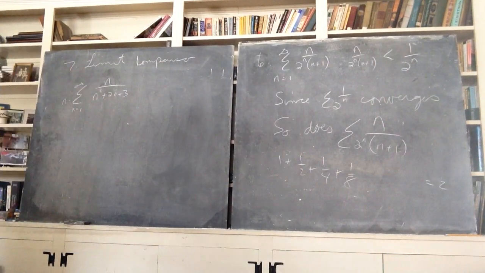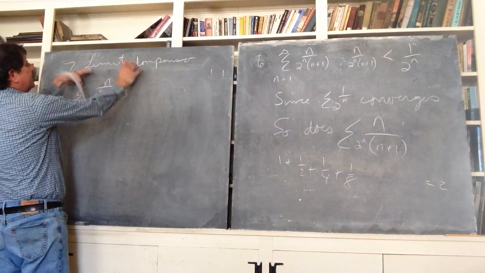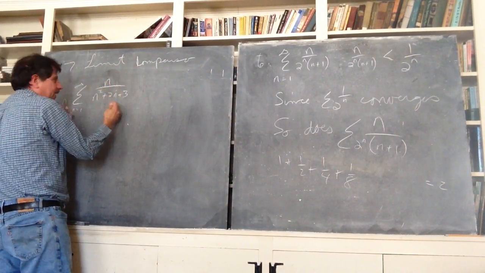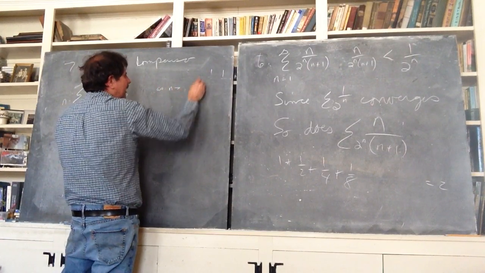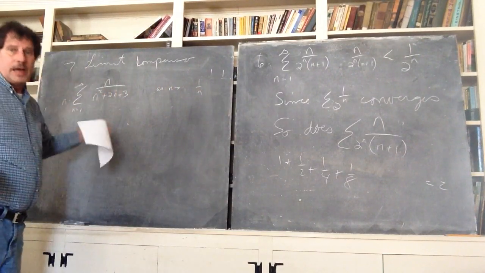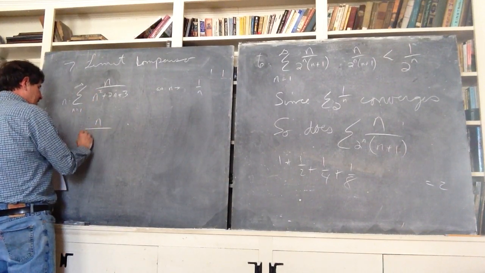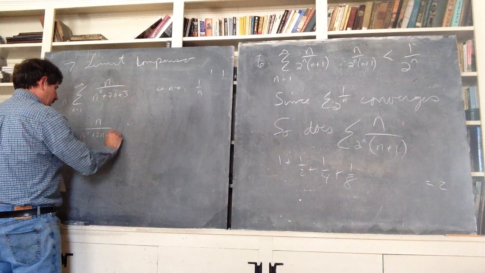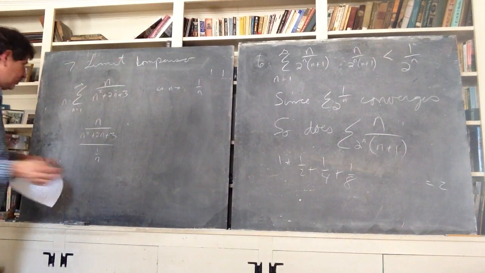And so what we're going to do is think about what this is like when it gets big. As n gets big and increases, this acts like 1 over n. And we know stuff about that. So what I'm going to do is take this and divide it by 1 over n, and we'll find out what we get here.